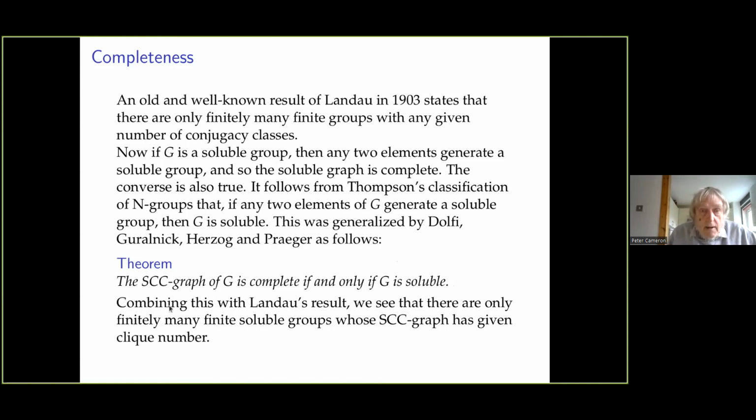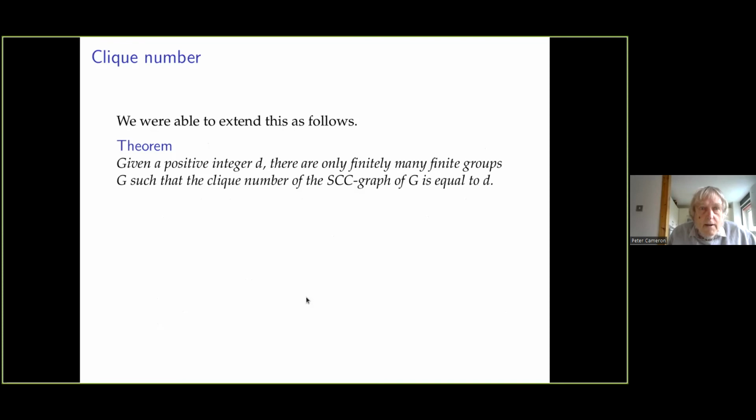There are only finitely many finite soluble groups whose SCC graph has given clique number, because if you have a soluble group, then this graph is complete, and therefore to say you're specifying clique number says you're specifying the number of vertices, which is the number of conjugacy classes, and according to Landau, there are only finitely many such groups. So that is a slightly odd-looking result, but we were able to generalize that.